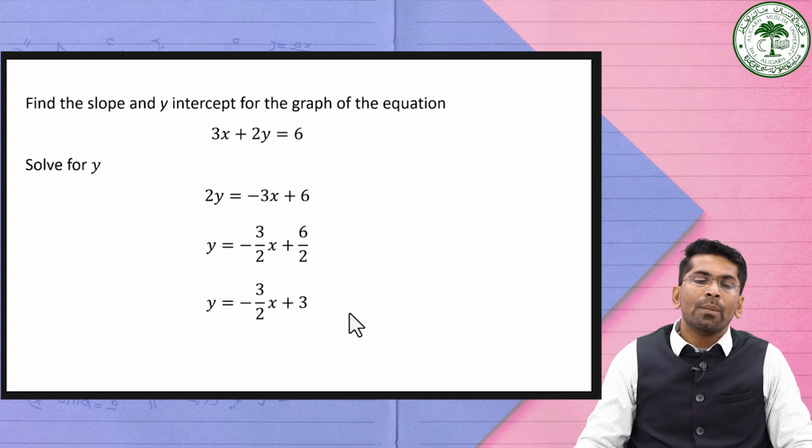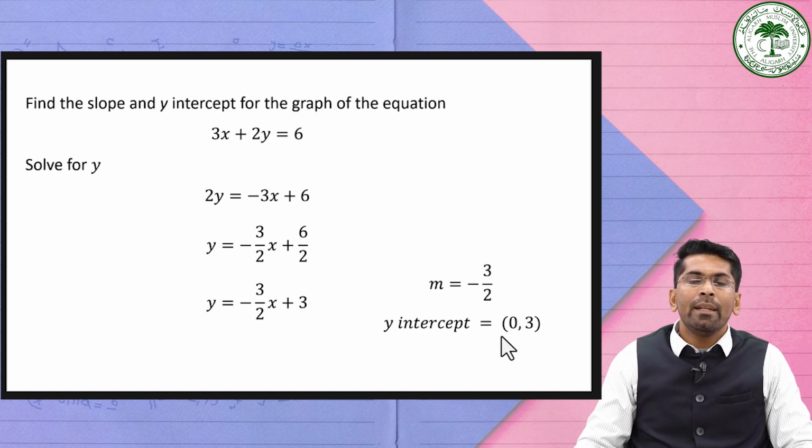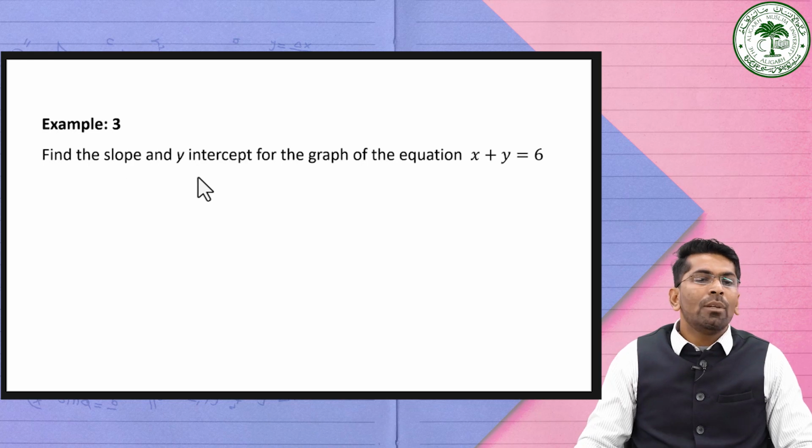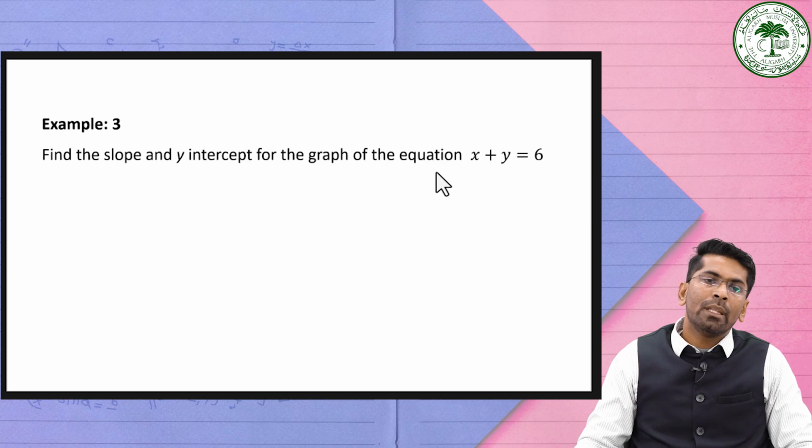So the y-intercept term is 0, 3. So here the slope is minus 3 by 2, and the y-intercept term is 0 and 3.